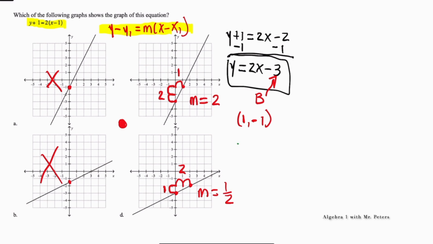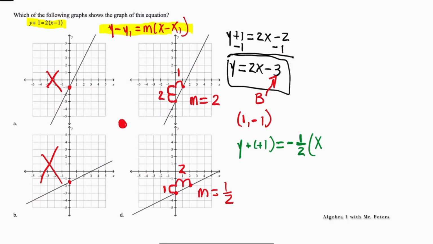So we'd have y minus negative 1, right? That turns into an addition problem, is equal to, and never forget, perpendicular slopes are the negative reciprocal of the original slope. So if it was positive 2, it now becomes negative, and I flip the reciprocal, right? 2 over 1 becomes 1 over 2.